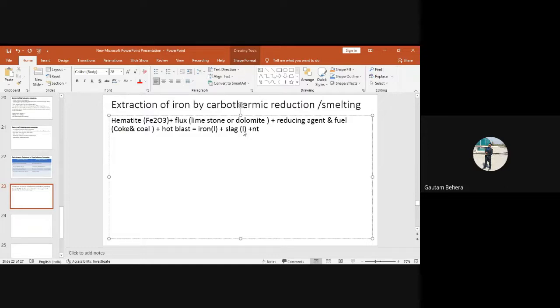Plus top gas, the waste gas. The top gas contains carbon monoxide, carbon dioxide, nitrogen, some water vapor, plus dust particles.